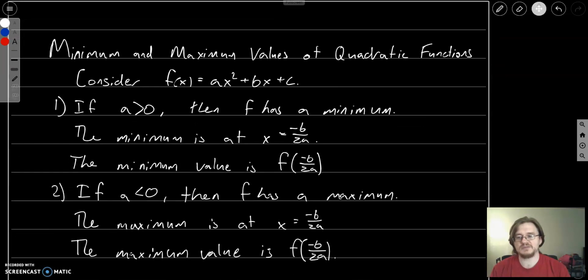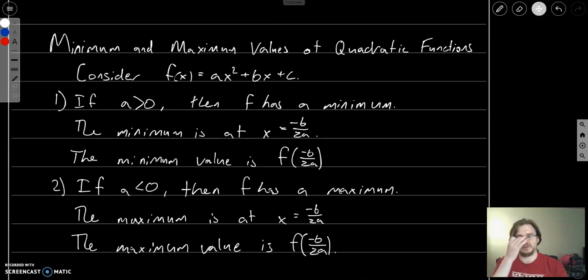So with maximum and minimum values, this is pretty straightforward. If a is greater than 0, our function opens up, which means we've got a minimum. And we have the formula for the vertex, and that vertex is going to be where the minimum is. So the x value is going to be negative b over 2a, and the height of that is just going to be the height of the function.